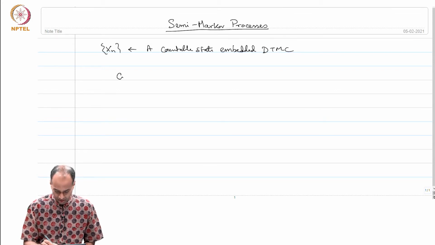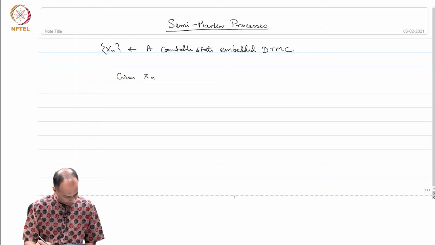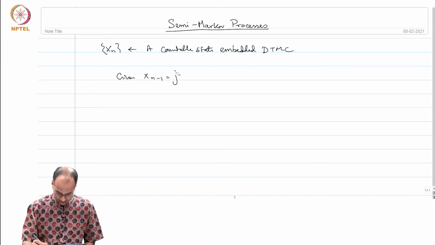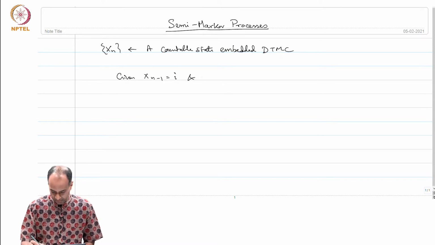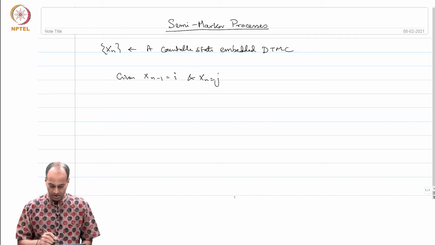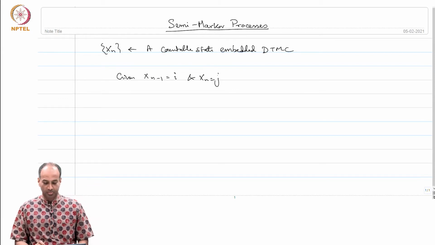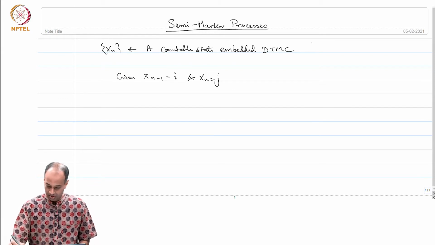you are given Xn minus 1 equals i and Xn equals j. Okay. So this happens with probability Pij, right. So this transition probability Pij is given.